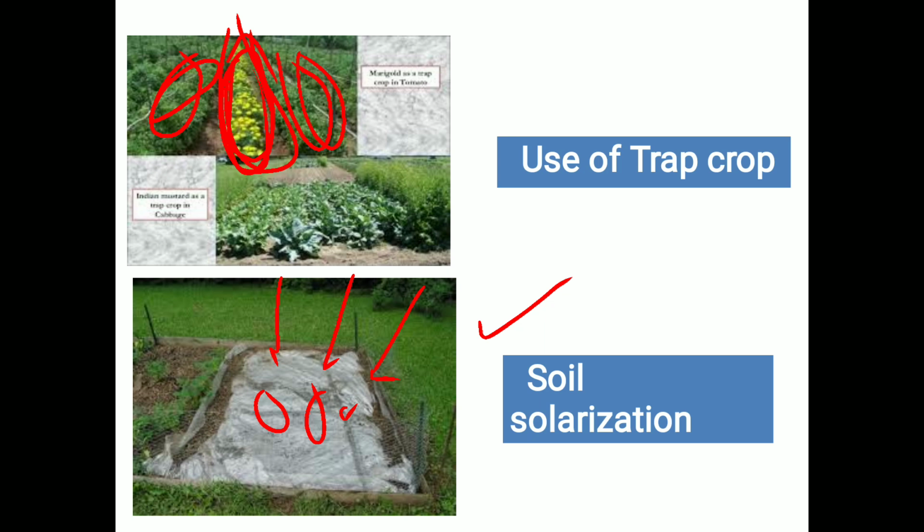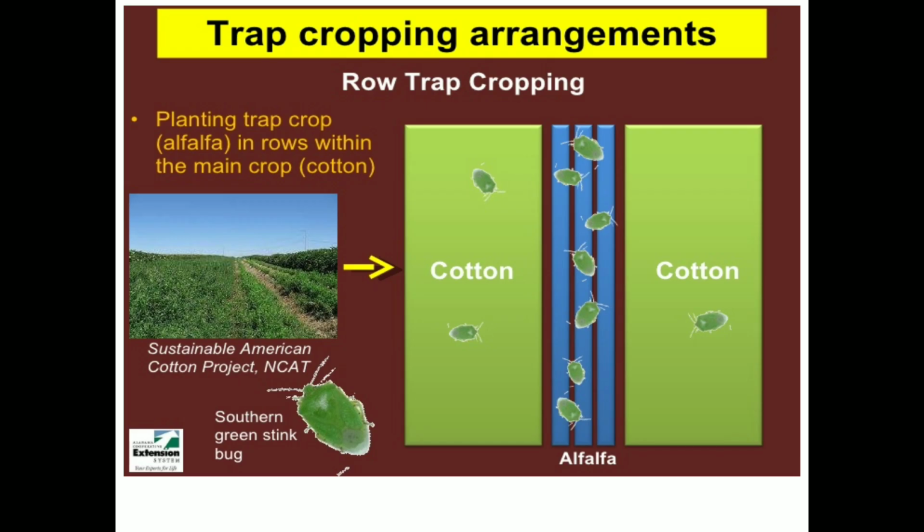Near about 30 to 40% of soil-borne pathogens are killed. For example, Fusarium, Rhizoctonia, Pythium, Phytophthora.